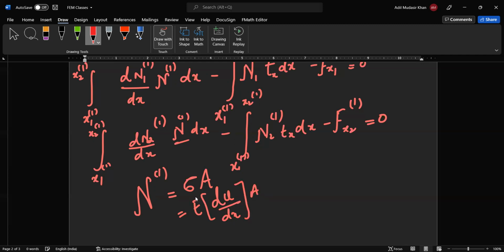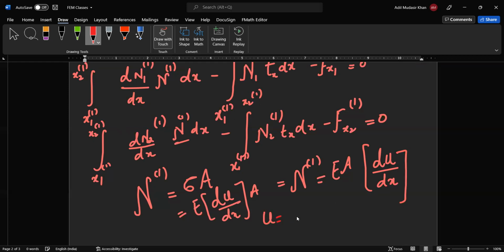So neta on element 1 is equal to Young's modulus multiplied by area multiplied by du by dx. And how do you write this u?